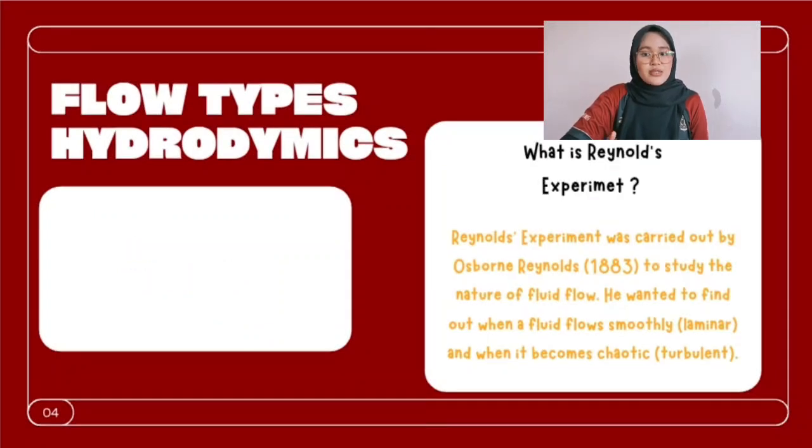So what is Reynolds experiment? Reynolds experiment was carried out by Osborne Reynolds to study the nature of fluid flow. He wanted to find out when a fluid flows smoothly and when it becomes chaotic, which is turbulent.